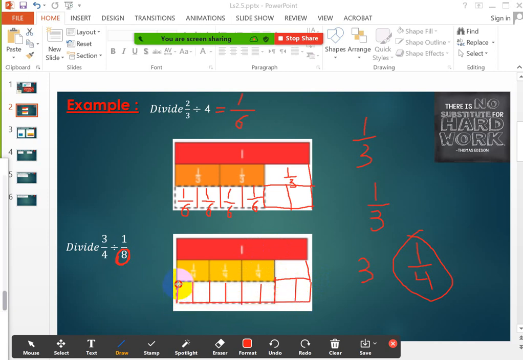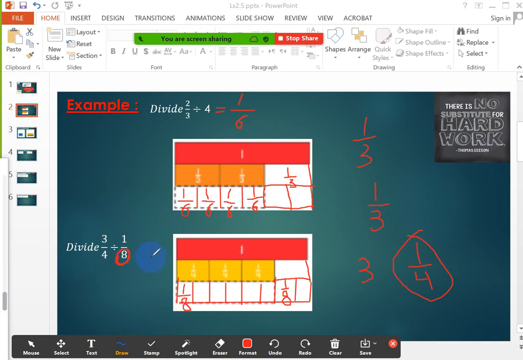Now, that means each one is 1 over 8. I have to represent each number on the fraction strip. Each part will be 1 over 8.